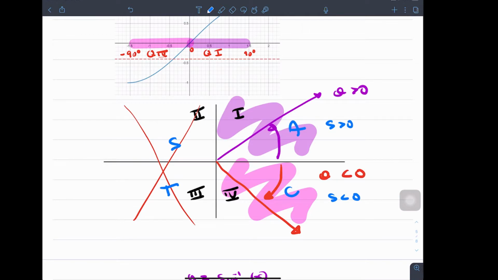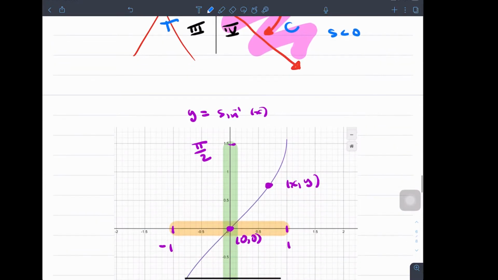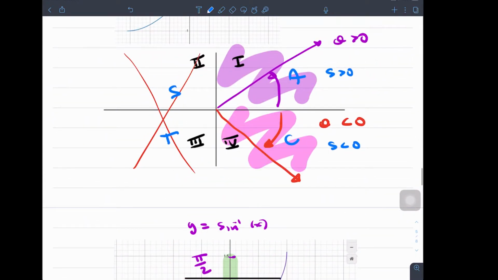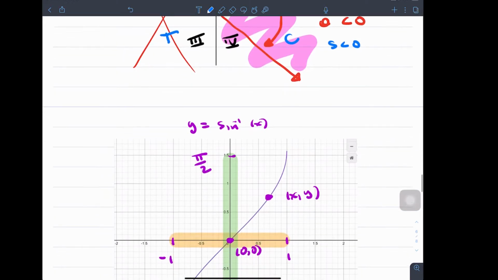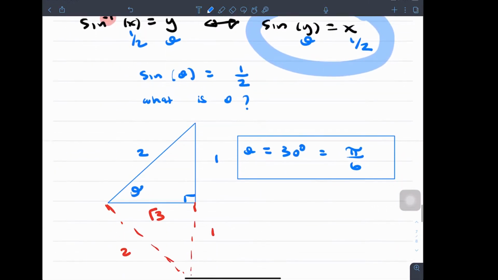They're thrown out. You only have quadrant 1, and you only have quadrant 4. And that's good. Yes? So if it's negative, it's going to be quadrant 4, but we use quadrant 1 to find out. Your reference is always quadrant 1. Absolutely. You always go back to find the reference of the quadrant 1 angle. But this is where it changes on you when you're dealing with inverse sine. You don't use positive angles.